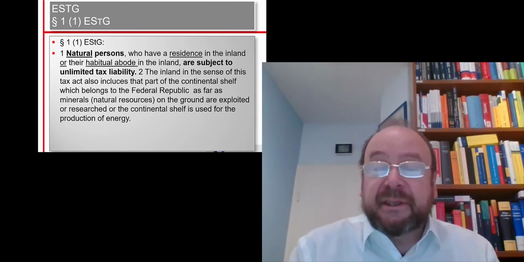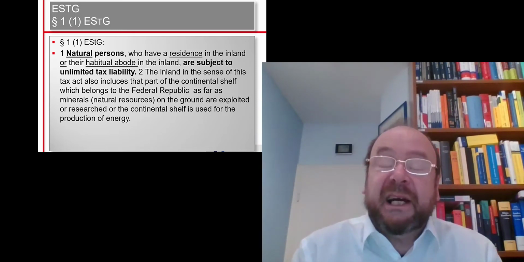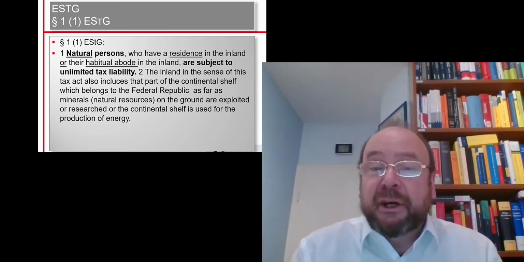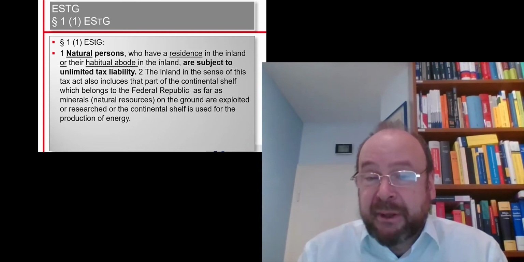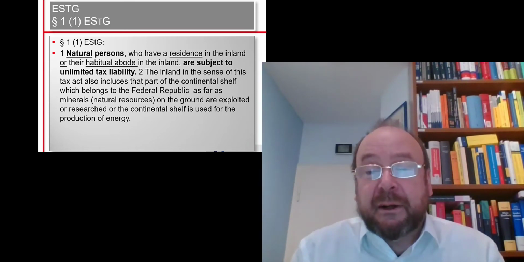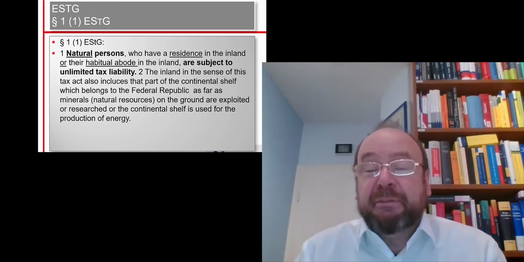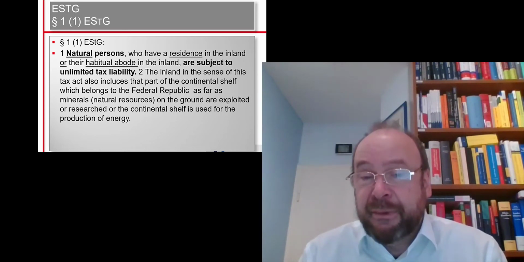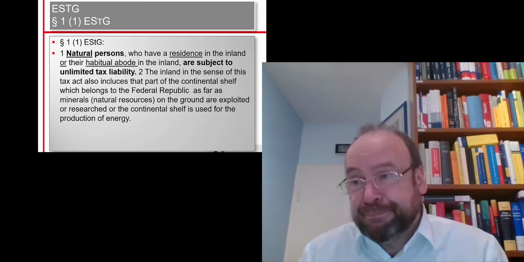Now, what's a residence? A residence is something where you have rooms or a home which you intend to use and to keep. So a house or rooms where you live. Now, there might be people who don't have a constant residence. For example, you live in hotels only, or surprise, you live in prison.